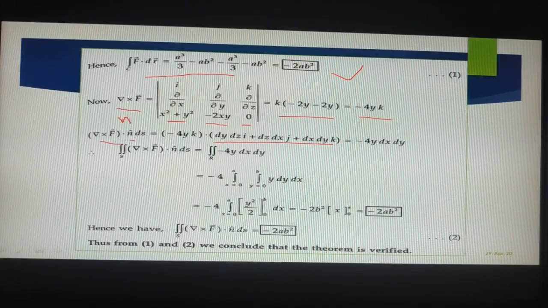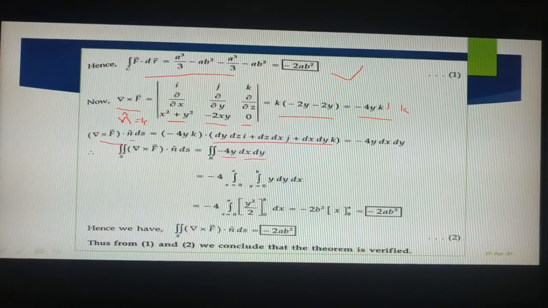Your unit normal vector n cap is equal to k. Then del cross f bar dot n cap is minus 4yk dot k. That k dot k value will be 1. So we will get minus 4y dx dy.